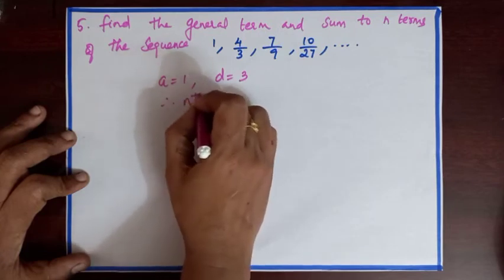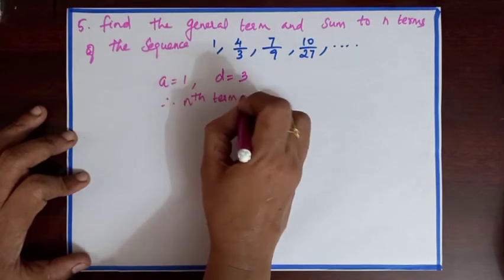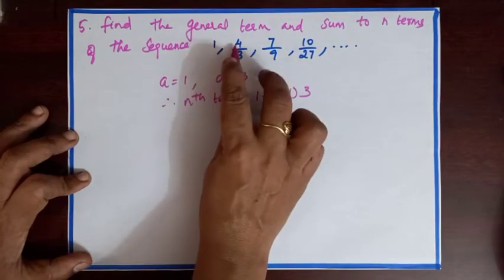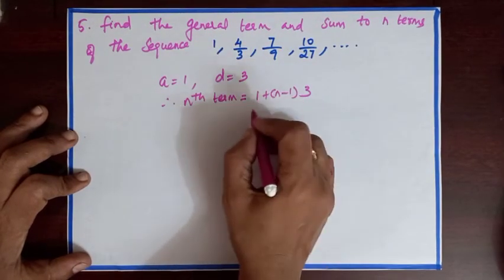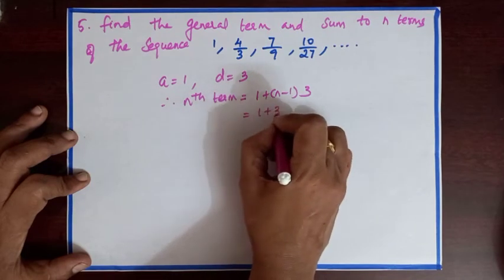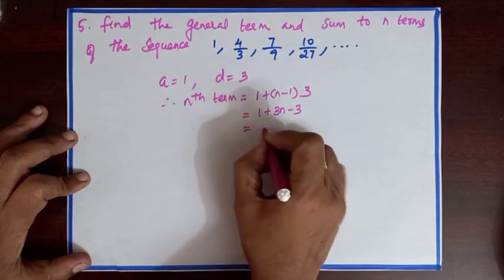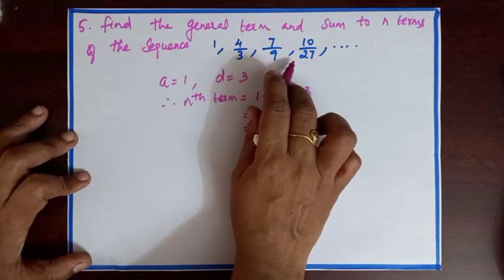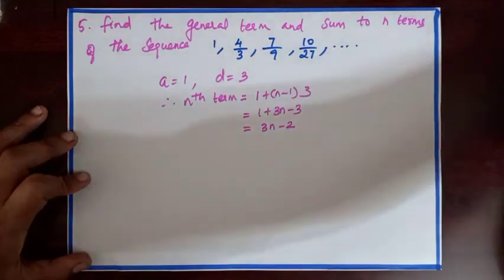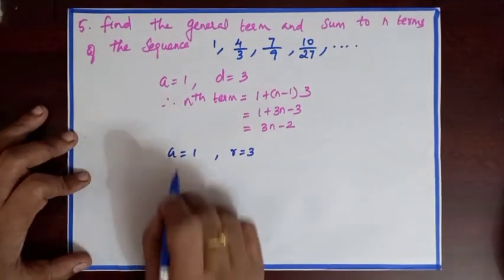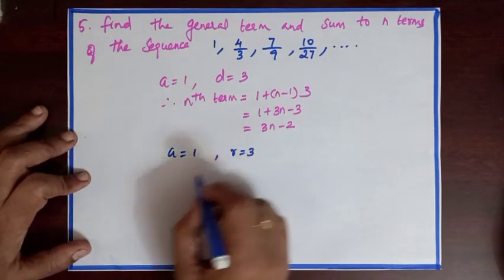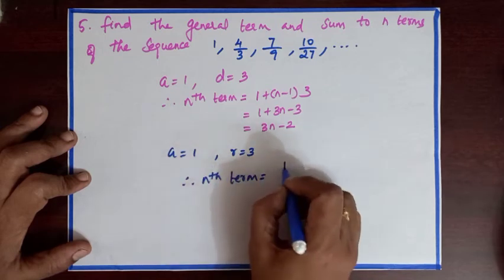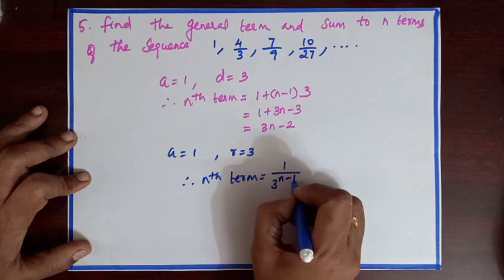Therefore, the nth term is 1 plus n minus 1 into 3, which is 1 plus 3n minus 3, which is equal to 3n minus 2. The denominator is in GP with a equal to 1 and r equal to 3. Therefore, the nth term is equal to 1 by 3 power n minus 1.